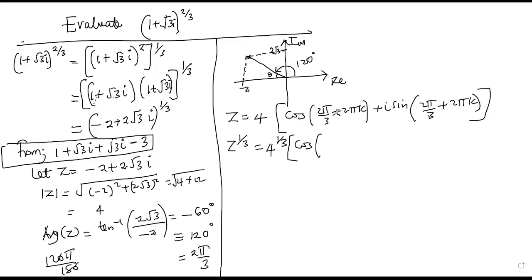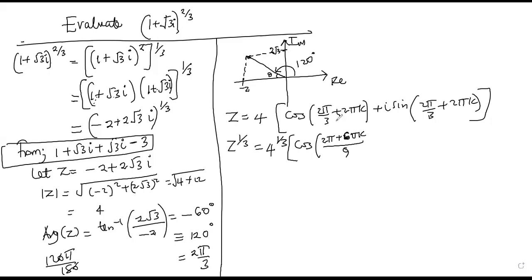cos of 2 pi plus 6 pi k. Why 6 pi k? The LCM is 3, so it will be over 9. Why?